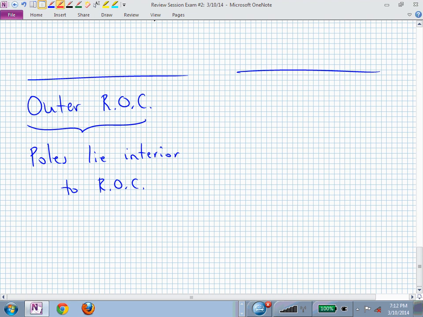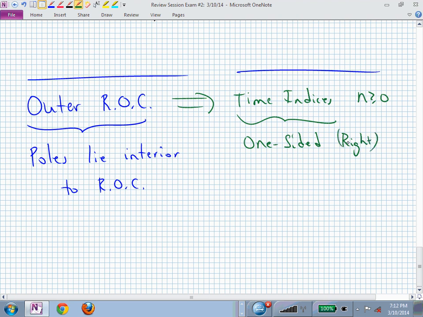You missed out. What was I trying to do here? Now, for an outer region of convergence, that now implies which time indices are valid. Non-negative, right? Now these can be non-zero. So this is now one-sided and right.